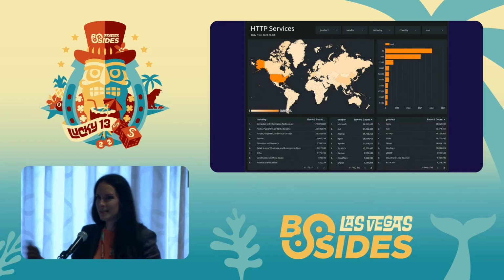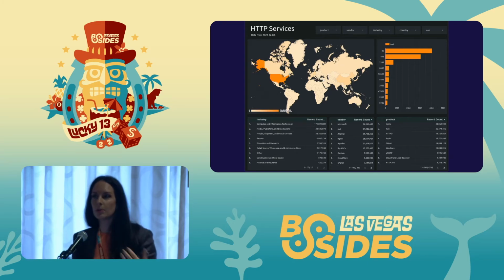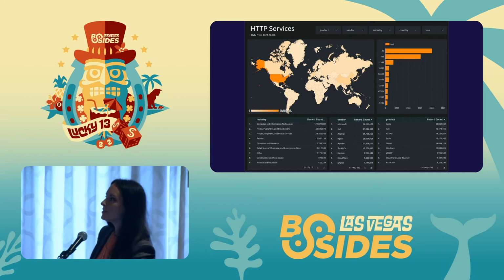But let's go back to HTTP for just a moment. Because anytime you're dealing with a data set that has such a tremendous chunk of things that are all one flavor, it's probably a good idea to parse them apart into finer details, right? And so this is just a dashboard that I put together when I was exploring this data to better understand HTTP on the internet.